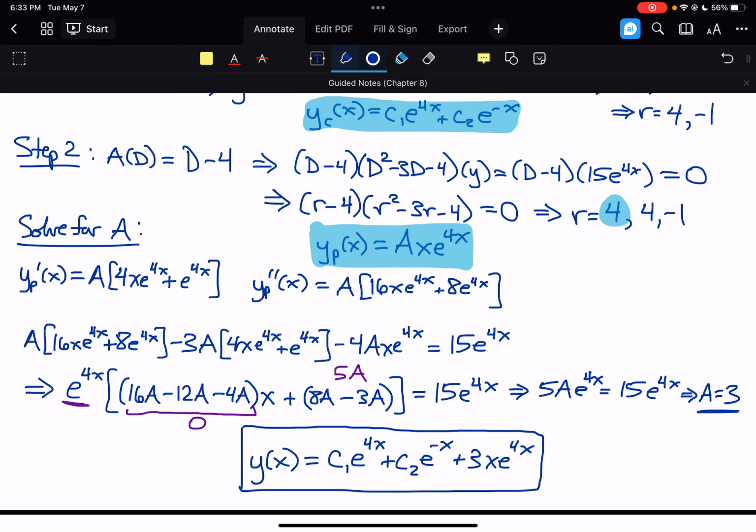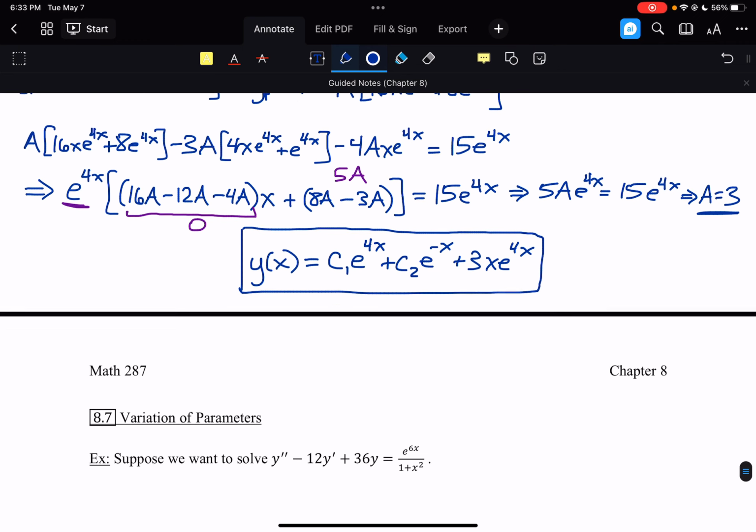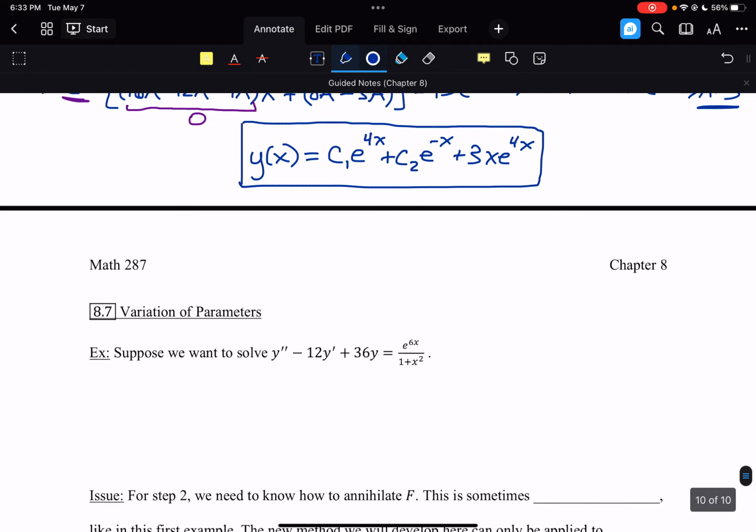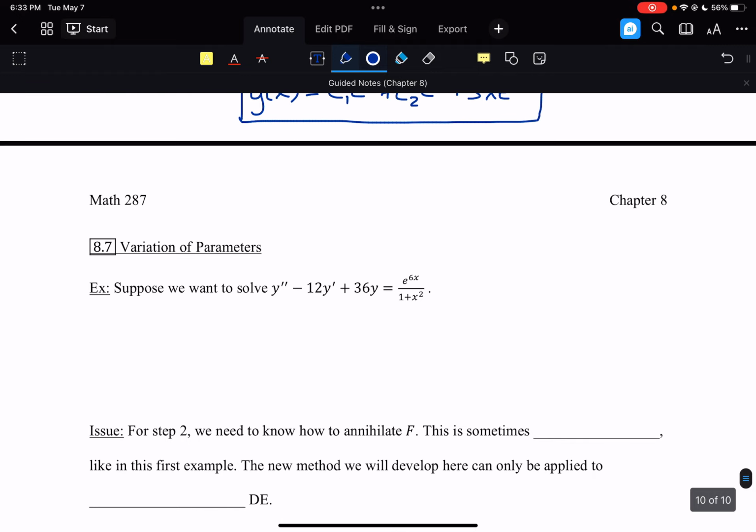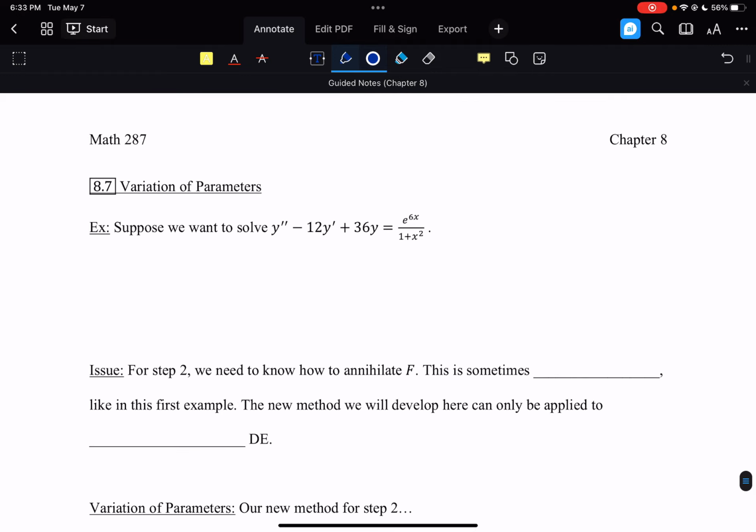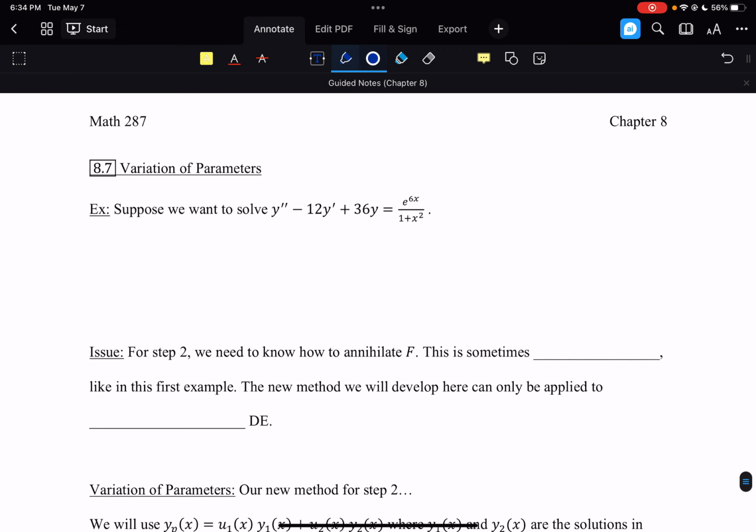Now, if we move into section 8.7, our final section for this chapter, we're looking very briefly at the concept of variation of parameters. So first off, suppose that we wanted to solve this differential equation here.